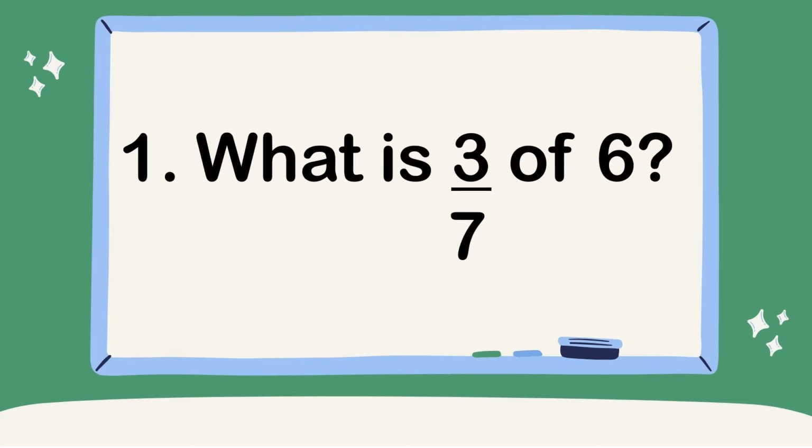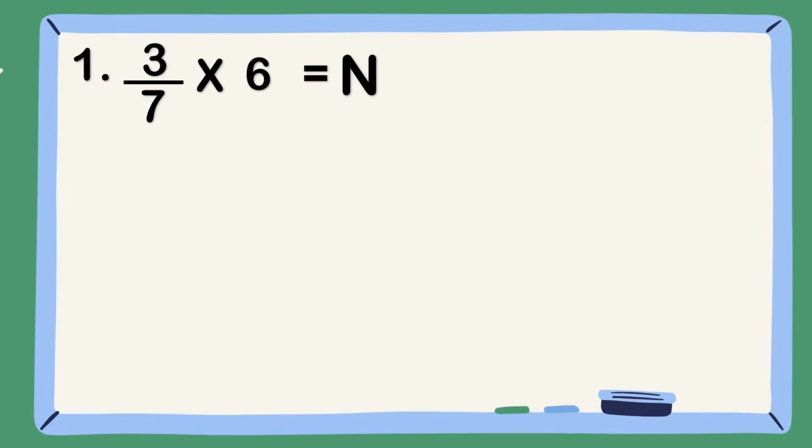What is 3/7 of 6? Okay children, here is the solution in number 1. 3/7 times 6 is equal to n. So as we can see here, 6 is a whole number.